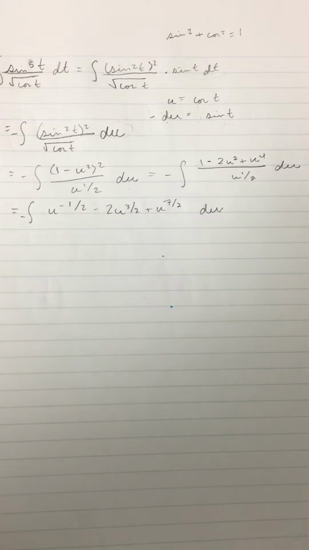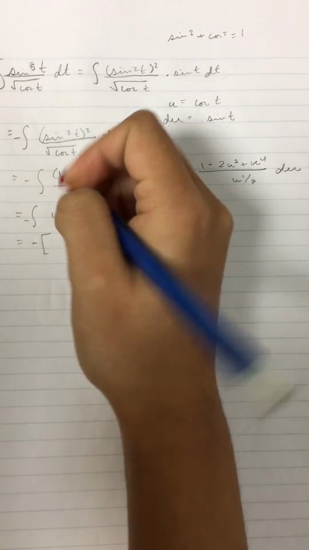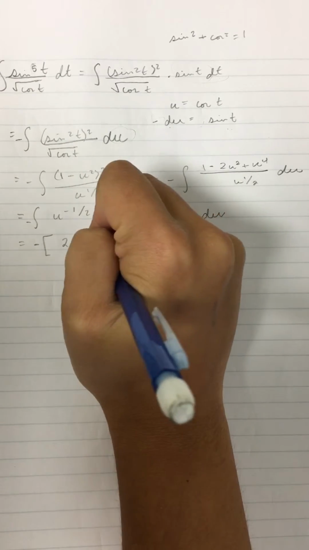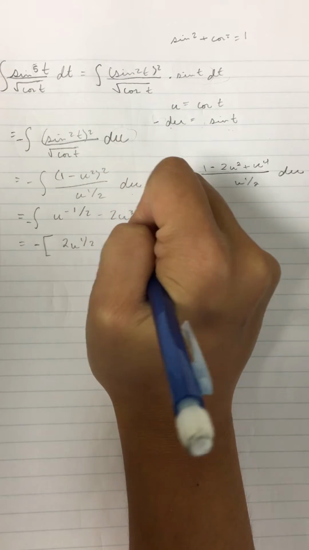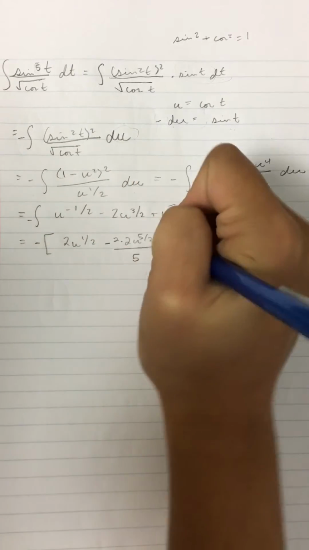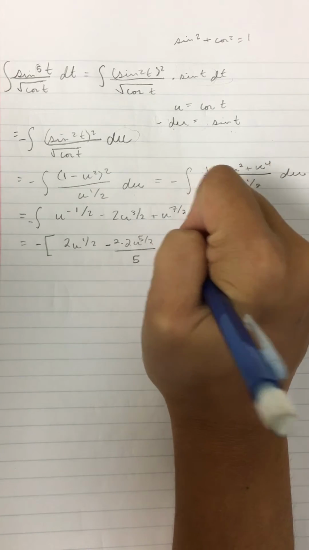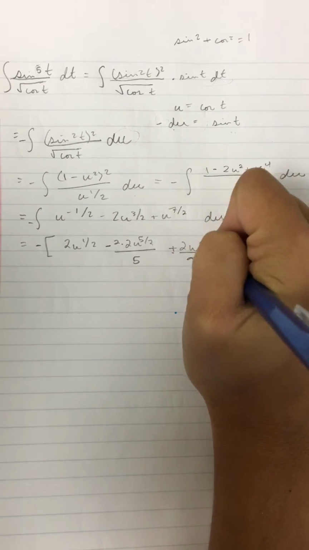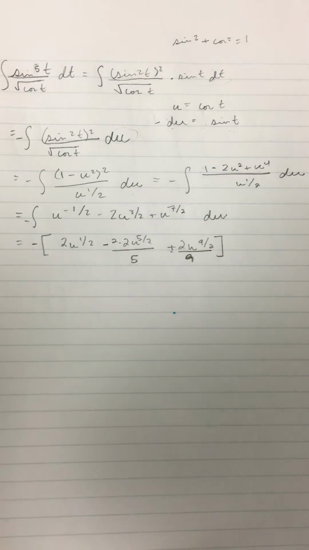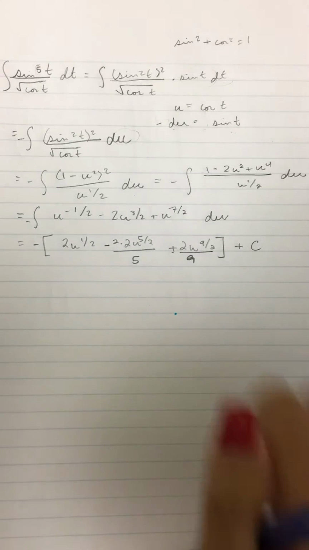And from here, it's just simple integration. Don't forget the negative on the outside. We have 2u to the 1/2 minus 2u to the 5/2 times 2/5 plus u to the 9/2 times 2/9. And this is an indefinite integral, so we're going to need to add c.